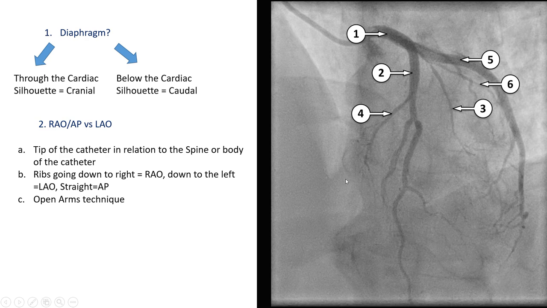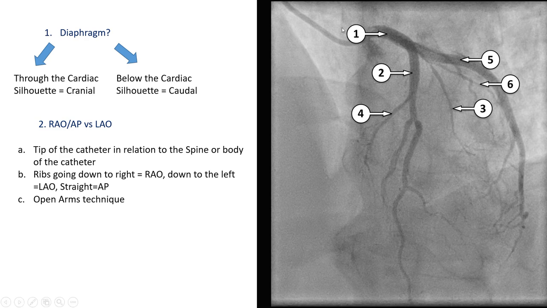The next thing that we need to find out is if that's RAO or LAO. There are multiple different ways. Ideally, I think the easiest way for me is the open arms technique, but we're going to go through these three techniques to find out which one is RAO and which one is LAO.